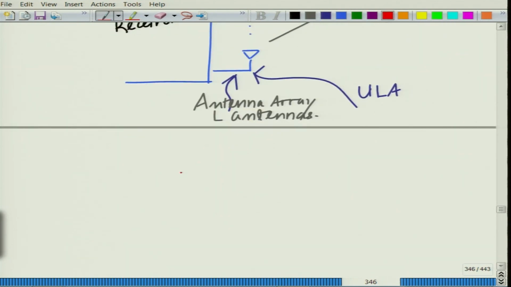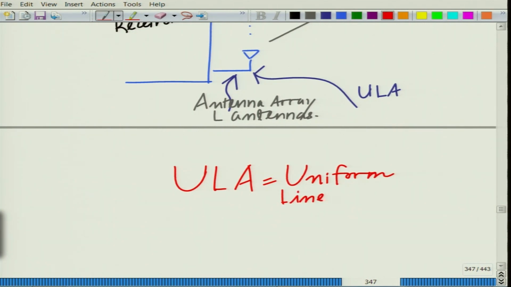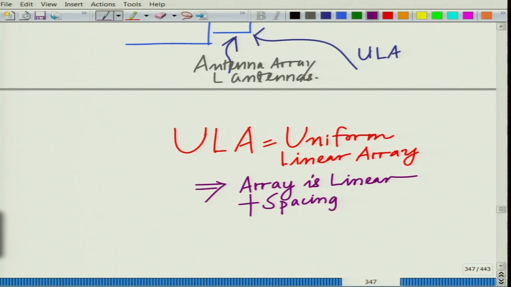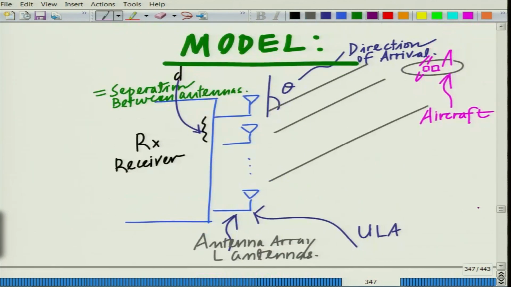ULA stands for, and this is a very important concept in signal processing, a uniform linear array, which essentially implies that the array is linear and the spacing between antennas is uniform, which is equal to D. The spacing between the antennas is equal to D.